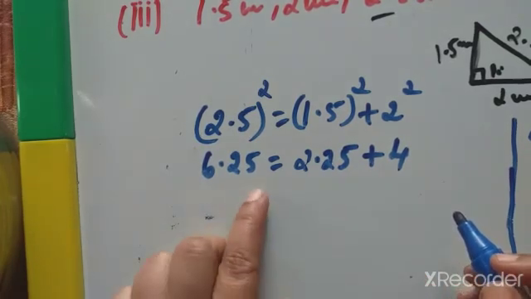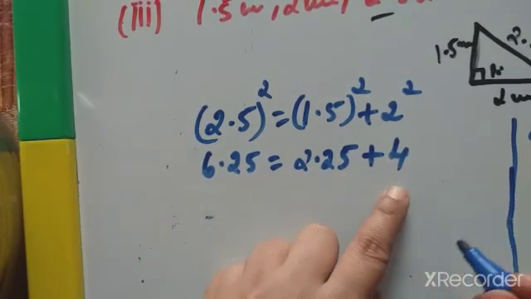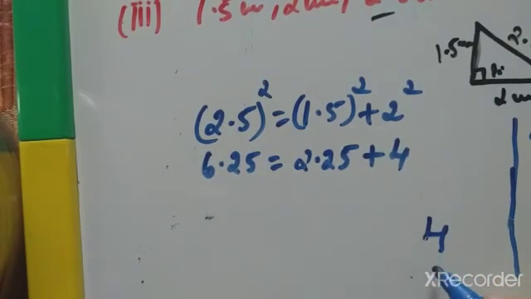Now 6.25. Now 2.25 plus 4: we have to add 4 plus 2.25. This is the tens and hundreds place, and this is the unit place in the decimal. After the decimal point are the decimal places, not the ones place.